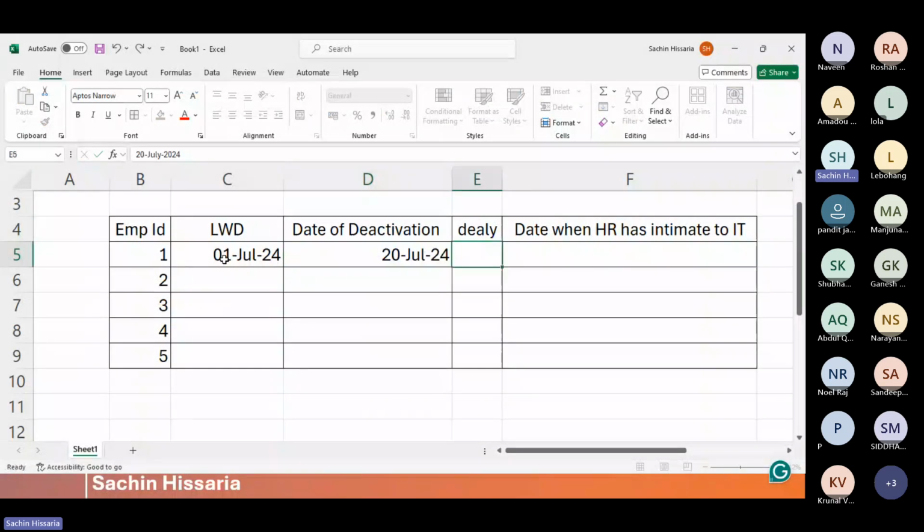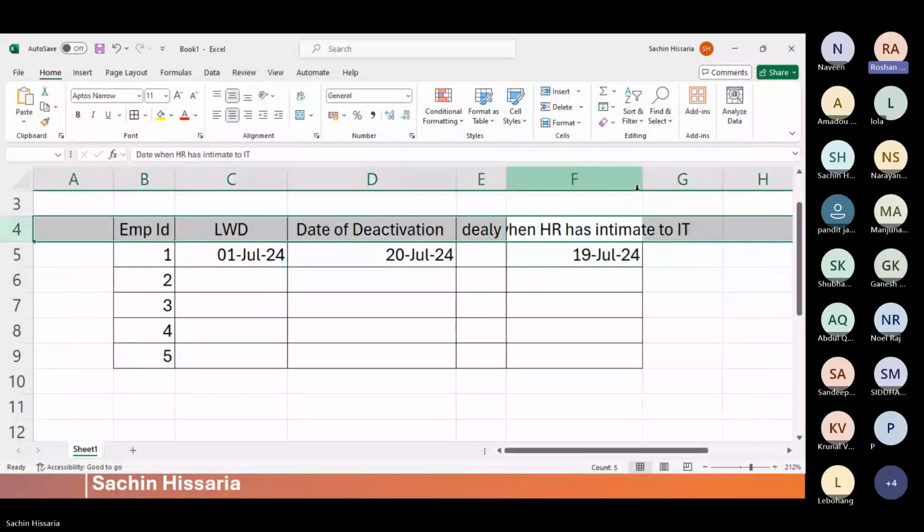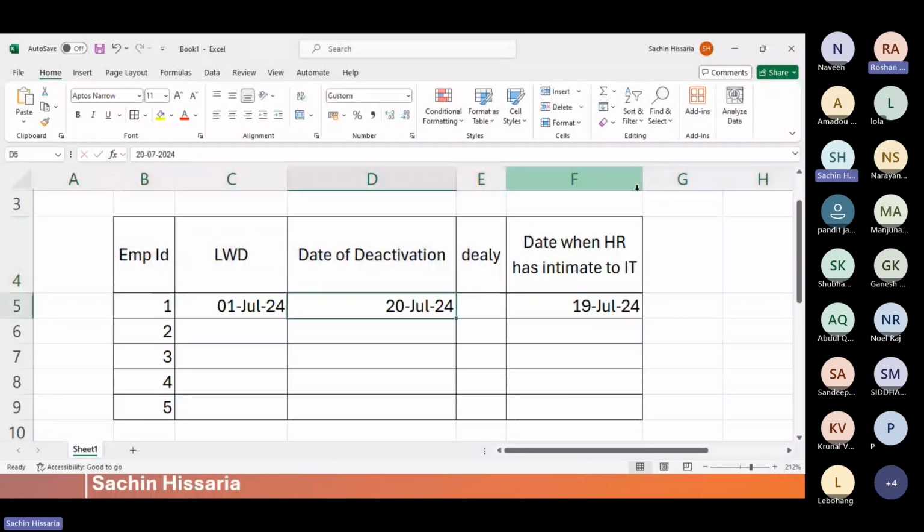And suppose HR intimated IT on 19th July 2024. Now, in this case, tell me who is accountable, HR or IT? HR, because this is a delay from the HR side. This is a clear-cut delay from the HR side, correct? So we have to collect that information as well.